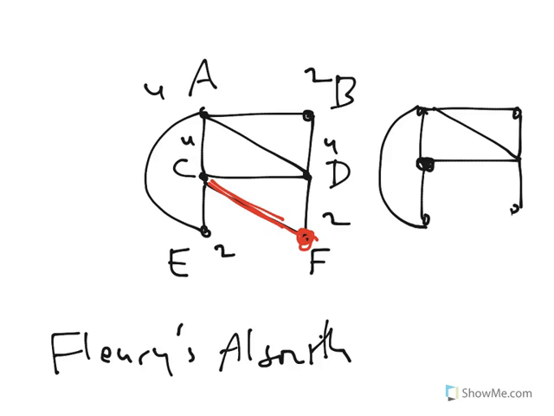But if I go from C to D, that's allowed, because if I erase that edge, I'm not stuck. But here's the first time where I have a choice to make. I can either go down to F, or to A, or to B. And the only bad one is don't go to F, because if I go to F, I'll be stuck there.